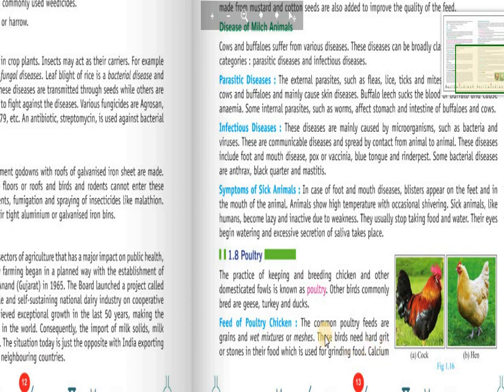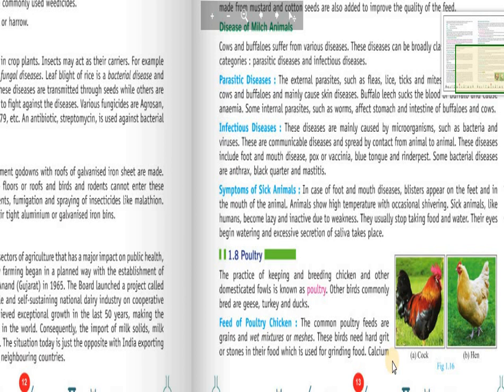So the main common feeds in poultry are grains, which are normally mixed and wet. These birds also need stones in their food, so that when the food gets inside their stomach, it gets ground well.